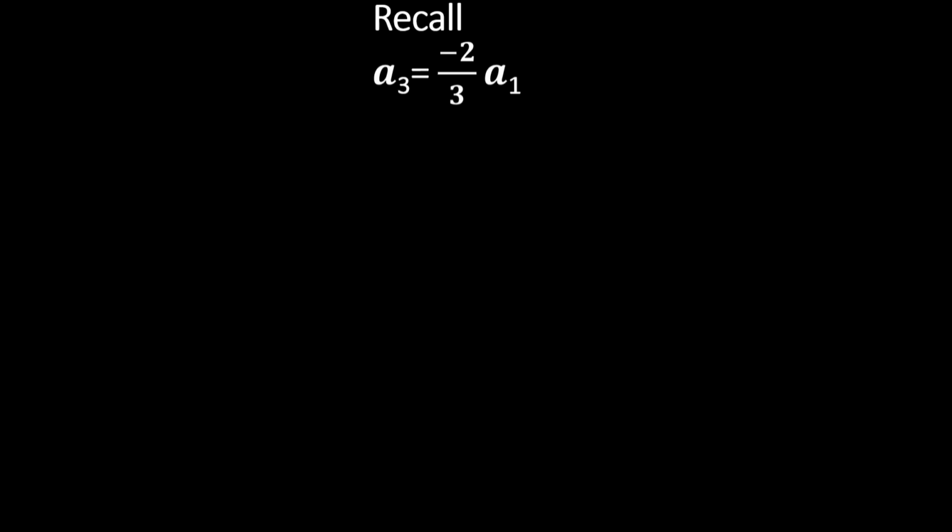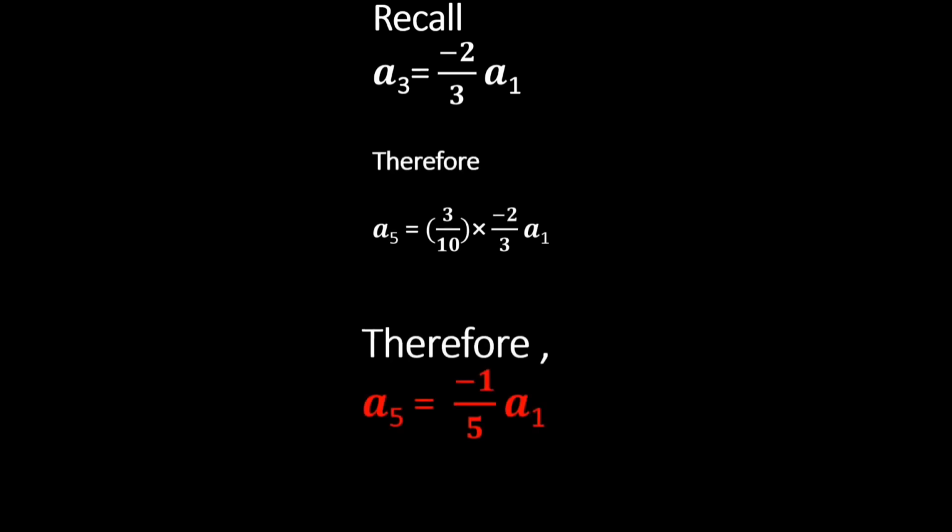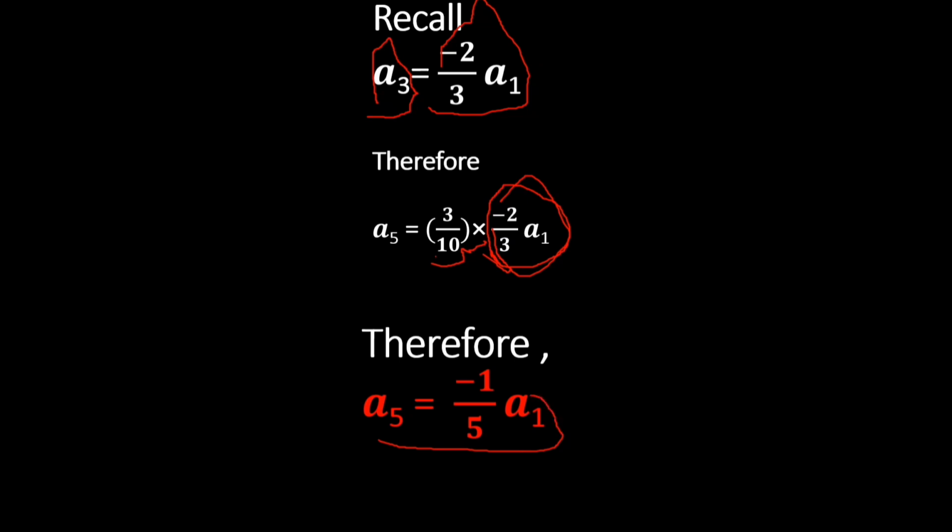So therefore, our a subscript 5 is 3 over 10 a subscript 3. We now recall that our a subscript 3 was given to be this. So we are now replacing the a subscript 3 that's supposed to be here with this. So this is what we arrived at as our a subscript 5 value.